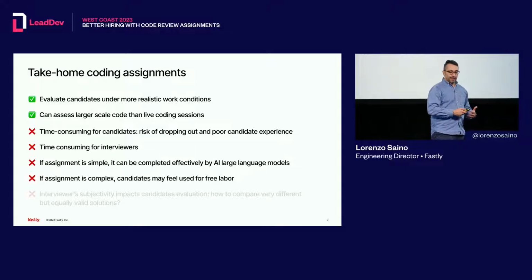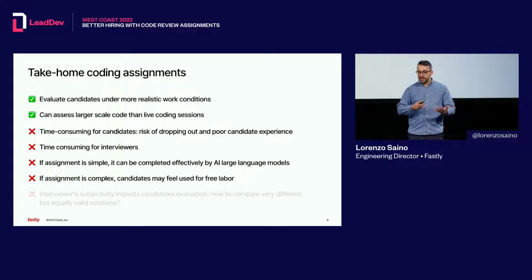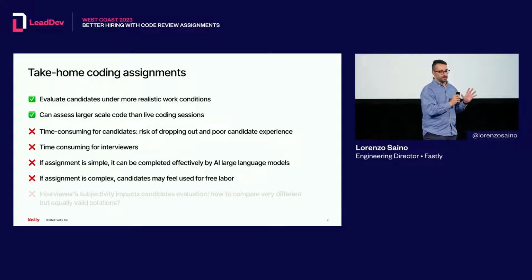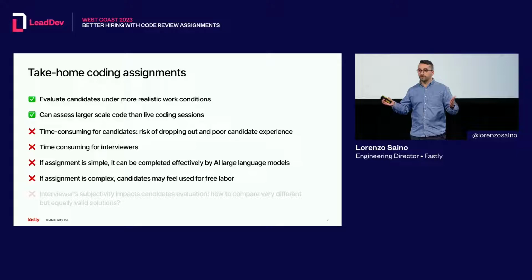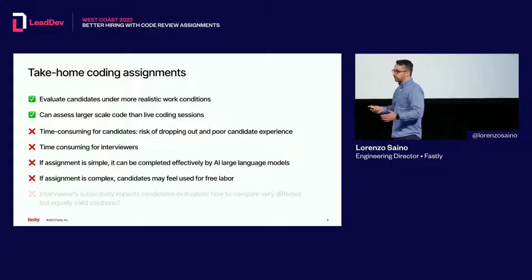On the other hand, if you give candidates a more complex problem, you exacerbate the problem of the assignments being time-consuming. And also, candidates may sometimes feel that you might be using them as free labor, which is very illegal. I'm sure that your legal counsel would say absolutely do not do it. And even if you don't do it, you don't want candidates to even think that you potentially do this kind of thing. So you cannot win. If it's too easy, AI can do it for you. If it's too complex, it takes more time for candidates, and they may feel exploited, which is something that we don't want.